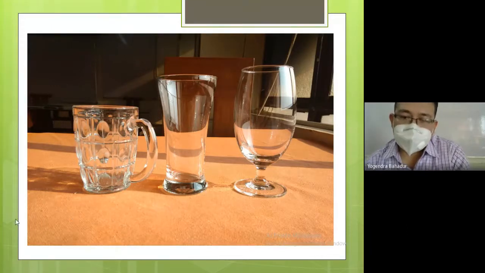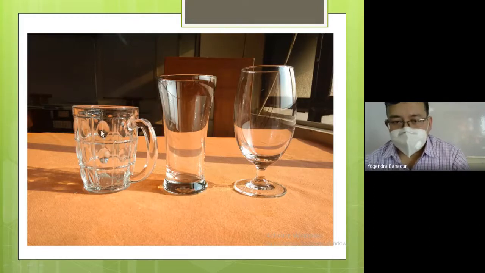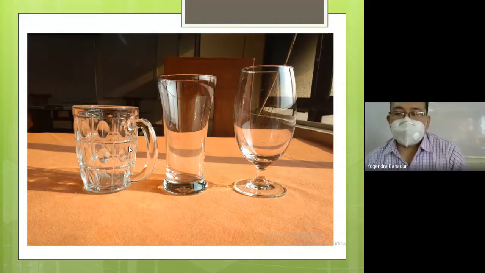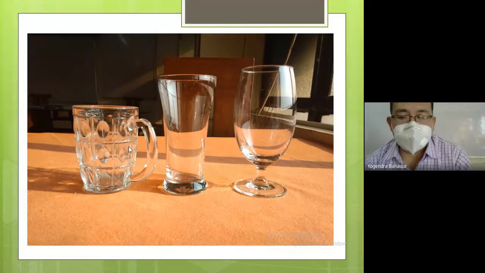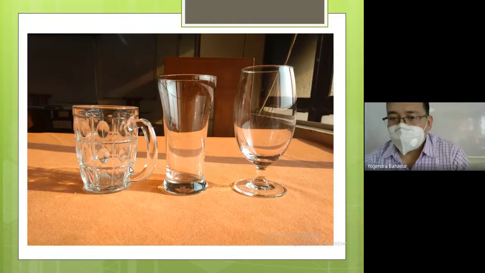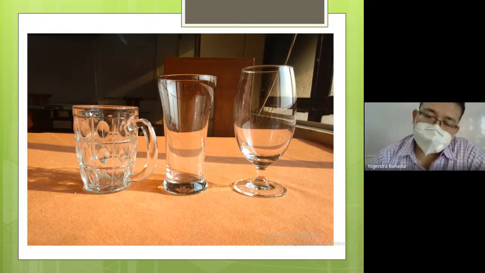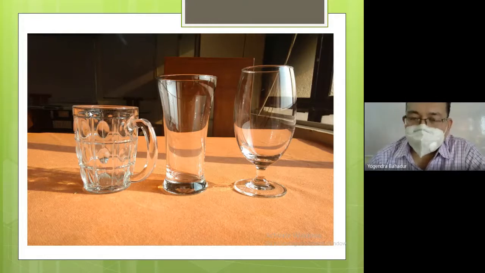On the left hand side, you are finding a mug having a kind of design on the top of it. Based on this design, this particular mug is known as Dimple Beer Mug. Again repeating, the name of this glass is Dimple Beer Mug.